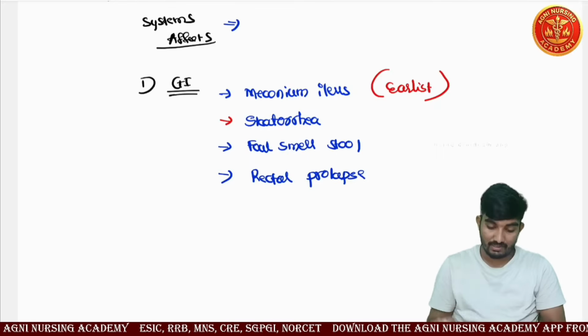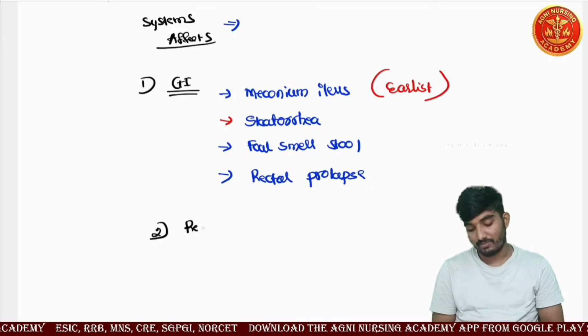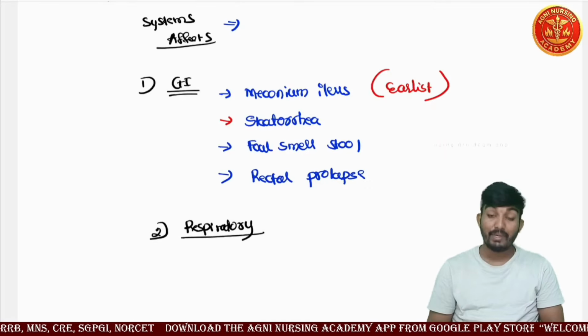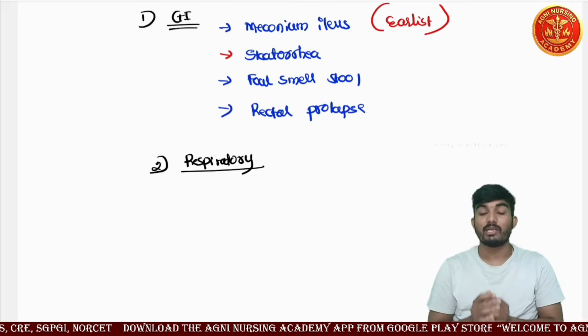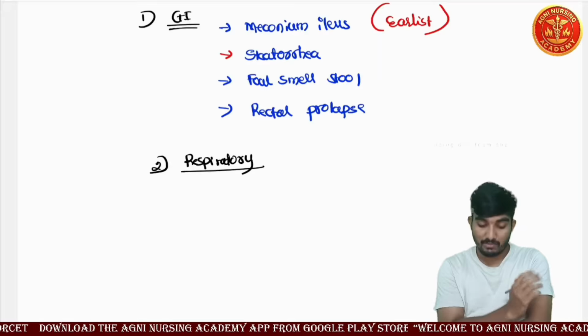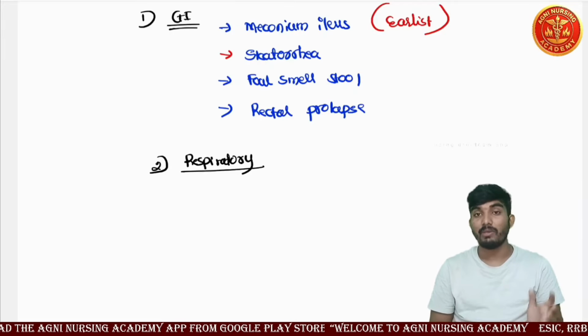The second one is the respiratory system. In the respiratory system, repeated chest infections occur because the secretions from the goblet cells, and all the respiratory tract secretions, will be thick.